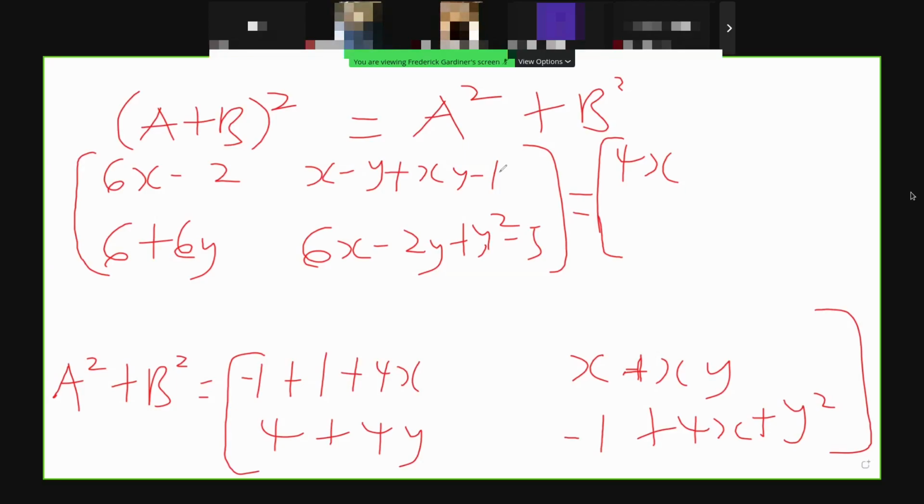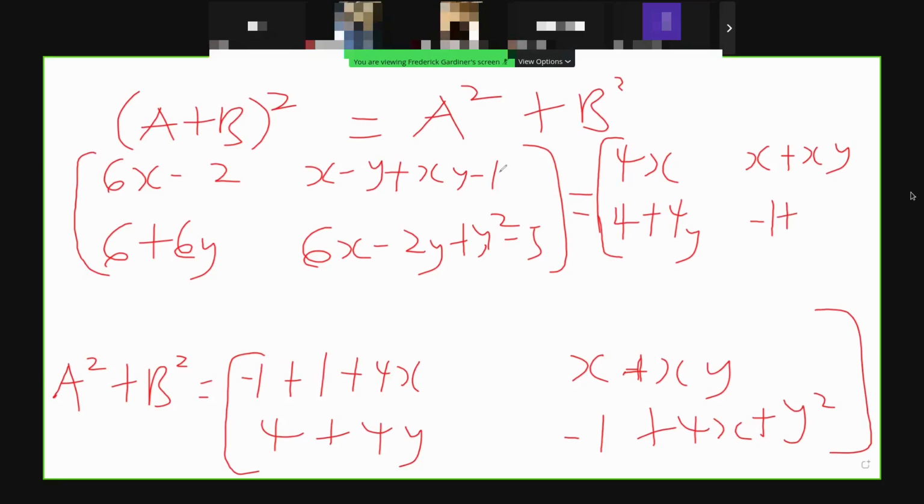The second element was x plus xy. The second row was 4 plus 4y. Then the final row says -1 plus 4x plus y squared.